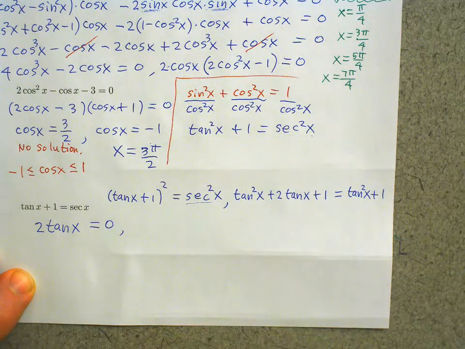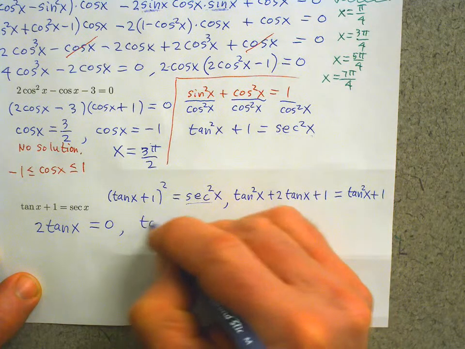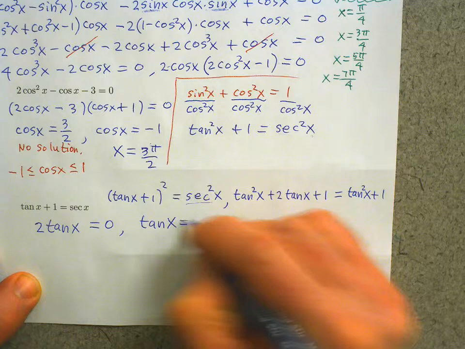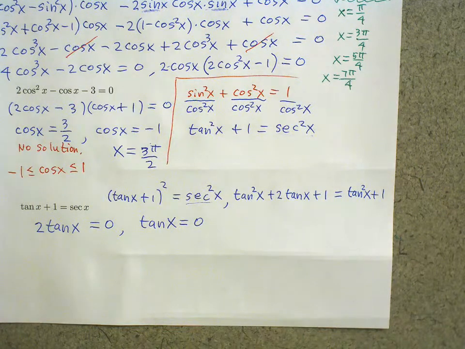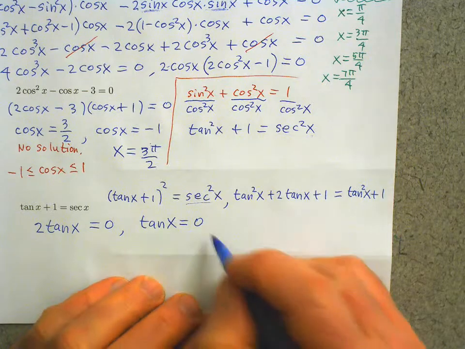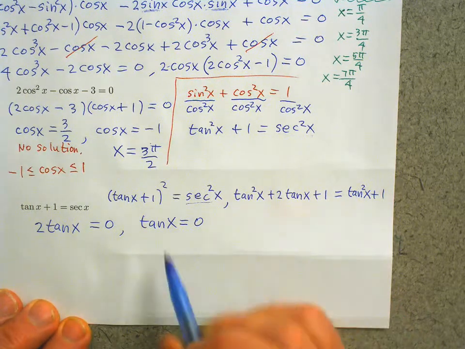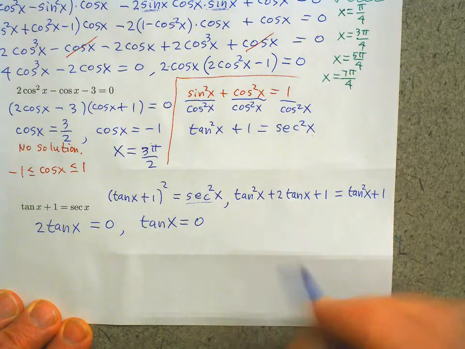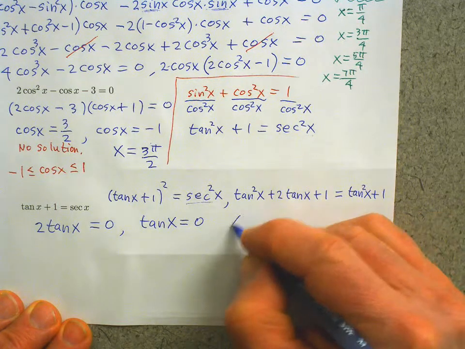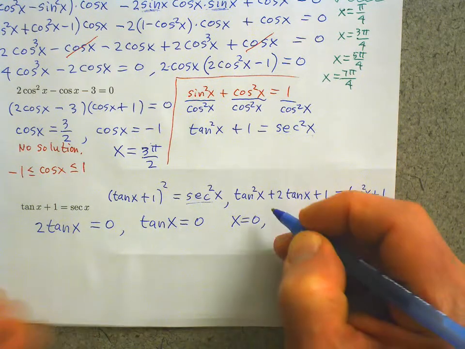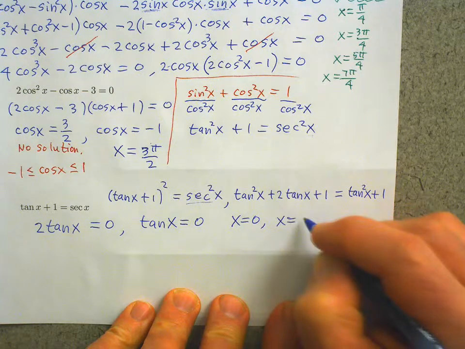Divide both sides by 2, tangent of x equals 0. Okay, well, between 0 and 2 pi, tangent of x equals 0 when x is 0 and when x is pi.